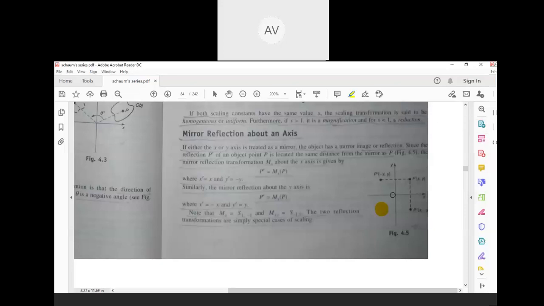And when you are reflecting about y-axis, the matrix will become minus 1 0 0, then next row 0 1 0, then last row 0 0 1, like that. And when you are reflecting about origin, the matrix will become minus 1 0 0, 0 minus 1 0, 0 0 1, like that. We will see the matrix of it.